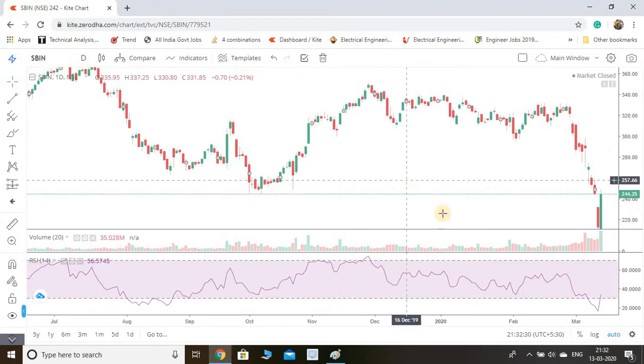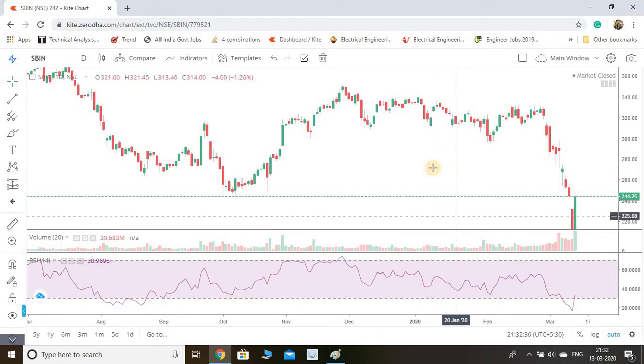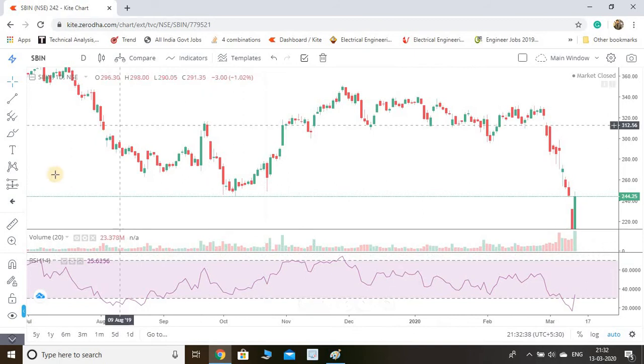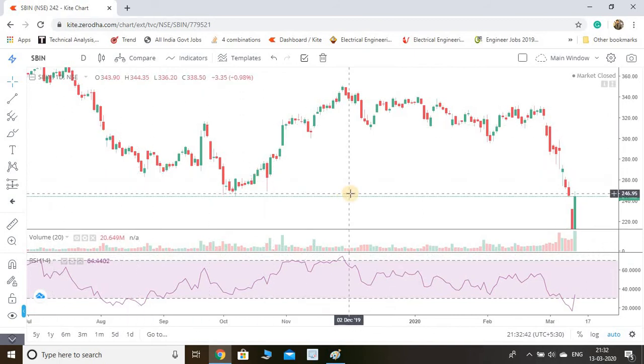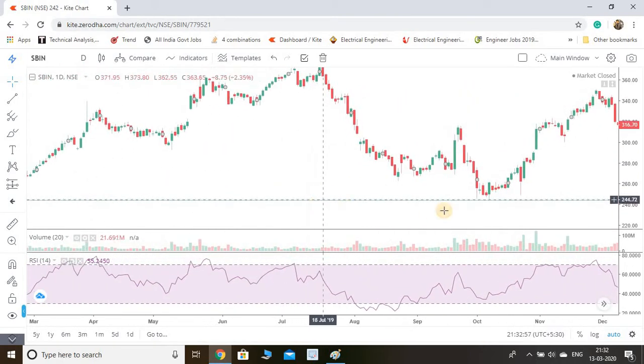Okay, this is SBI. You can check any script you want. Let's find RSI in SBIN. One thing, you can check it in daily, in 15 minutes, 30 minutes, even 5 minutes, but it works better in a higher time frame. Let's check a few.